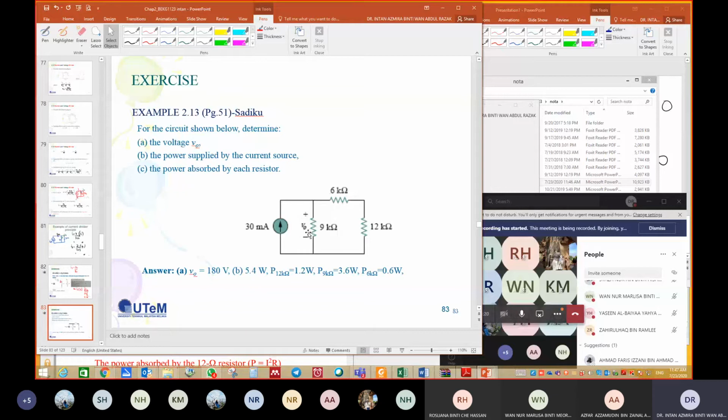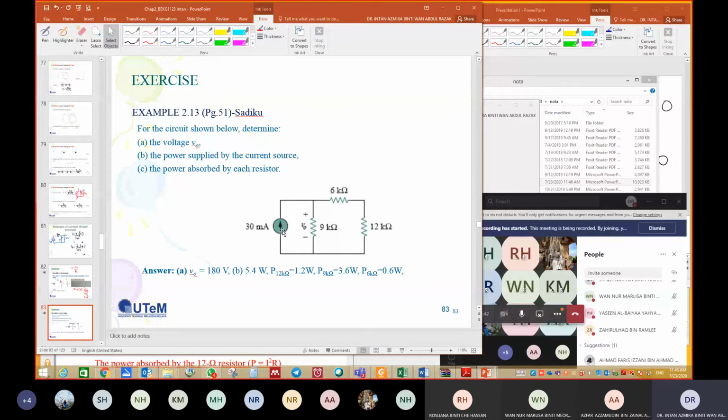This is a parallel circuit, and we have a current source here. So it is easier to find the current that flows through the 9K, and after we get that current, we can find V0. How to find the current that flows through the 9K? By using the current divider principle.